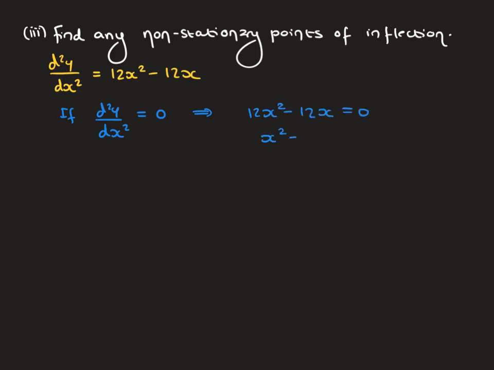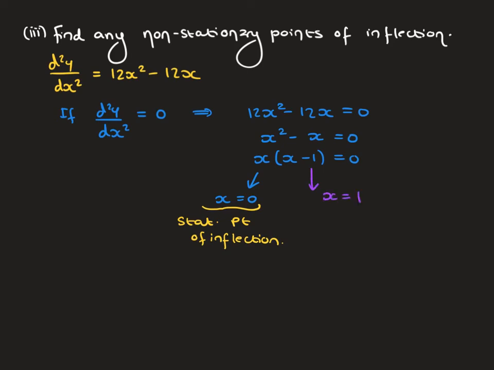Divide by 12 and then factorise. Now, we know x equals 0. We've just dealt with that. That is our stationary point of inflection. But you can also see that we get a value of x equals 1 from this equation. So we need to investigate this further.